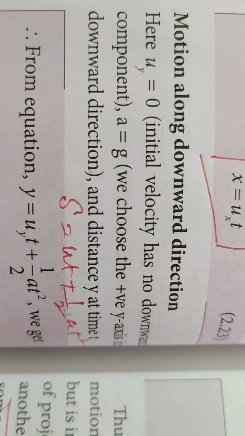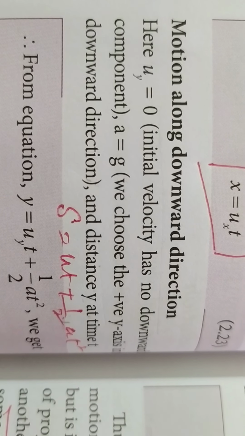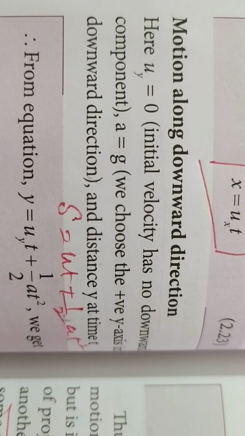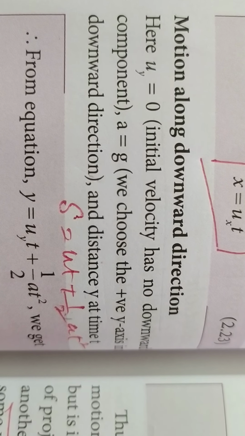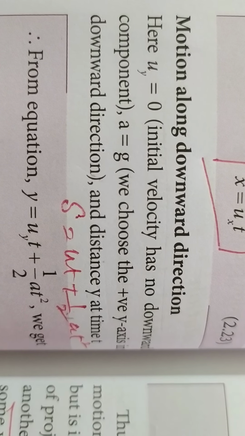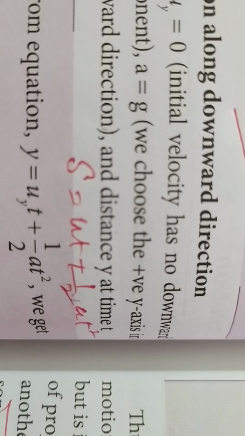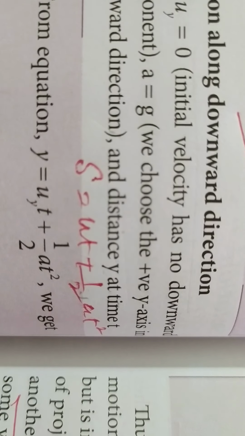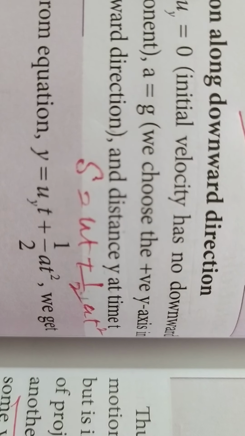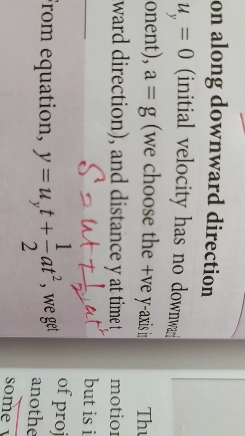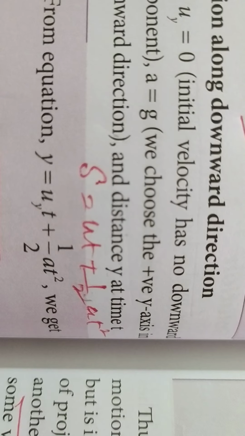And the next type of motion is in the downward direction. In the downward direction, uy is equal to 0, because the initial velocity has no downward component, and a is equal to g. In the equation s is equal to ut plus half at square, substitute s is equal to y and u is equal to uy, because this is in the vertical direction.